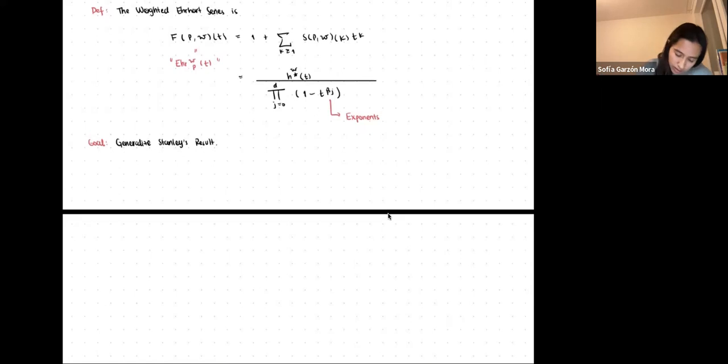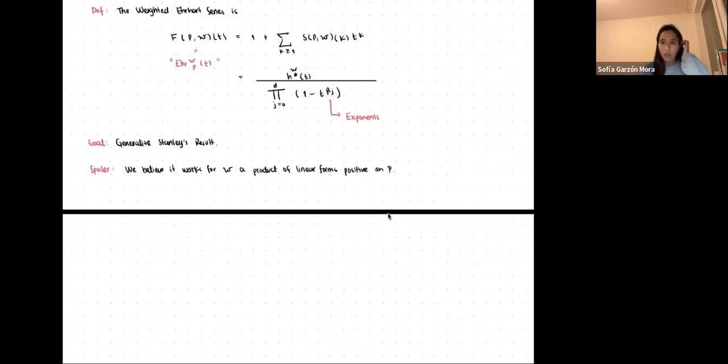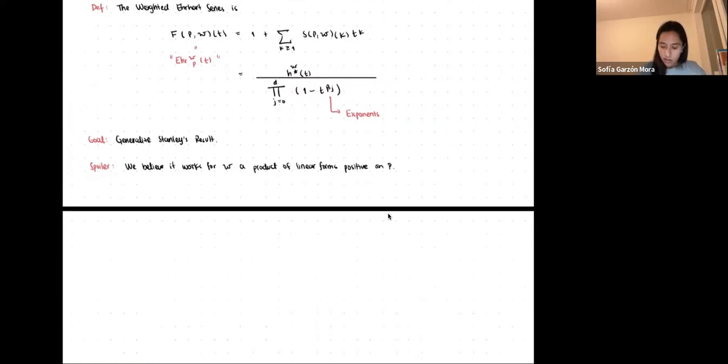But maybe I can write a small spoiler here. We believe it works for W a product of linear forms that are positive on P. And we're not saying then that this is an if and only if.